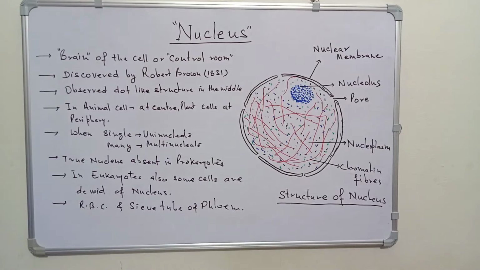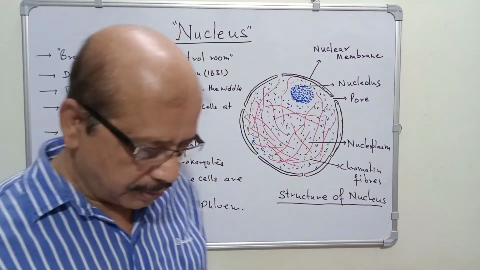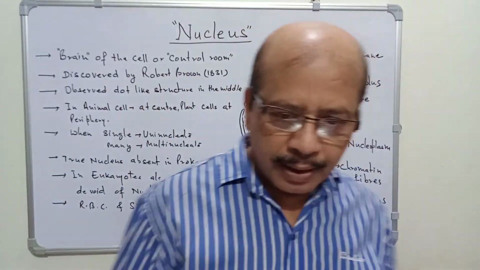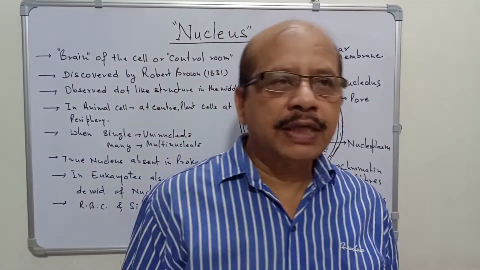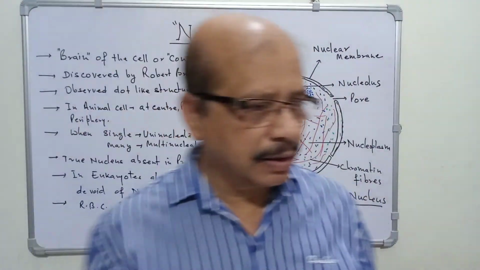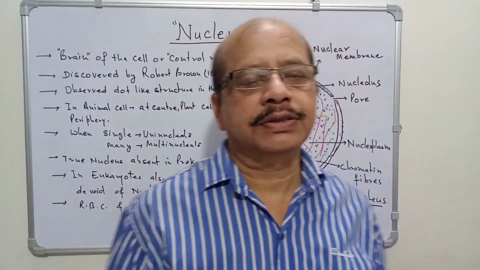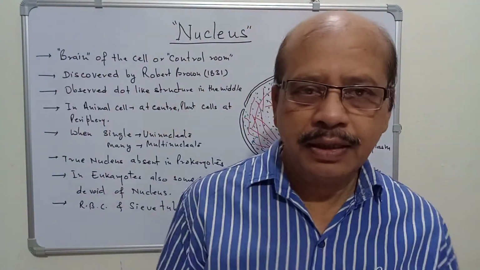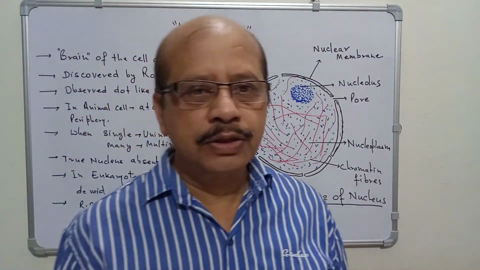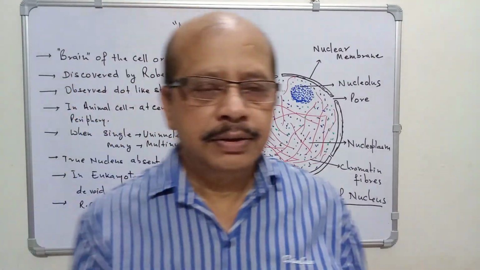The scientists observed that in animal cells, it is the largest cell organelle present within the cell, while in plant cells, it is second largest, because in plant cells the largest cell organelle is chloroplast, right?